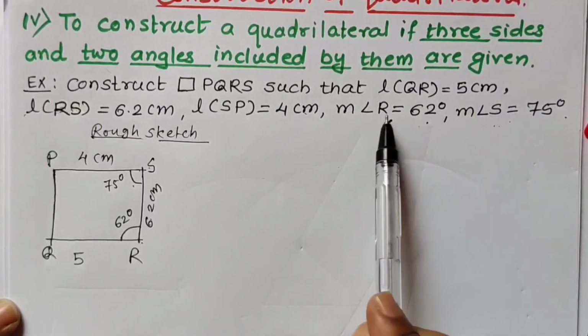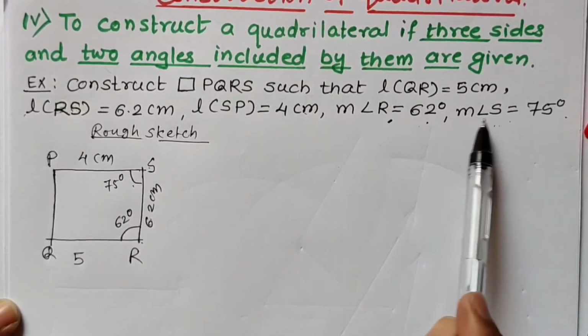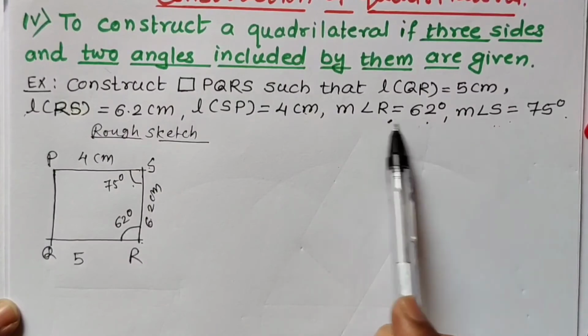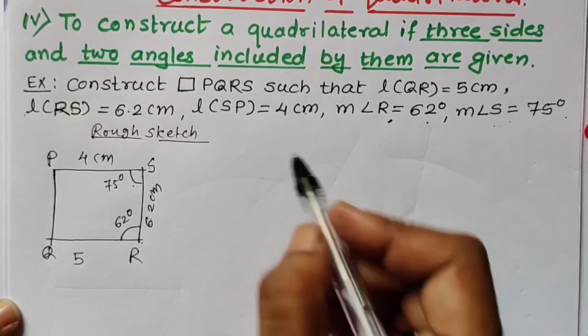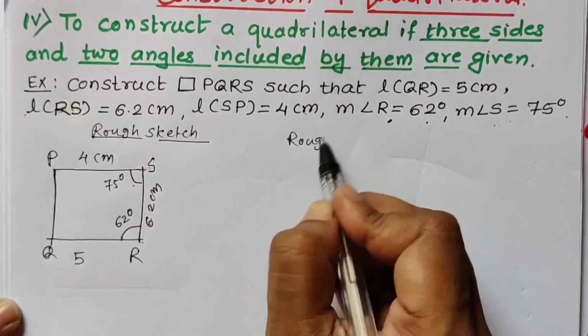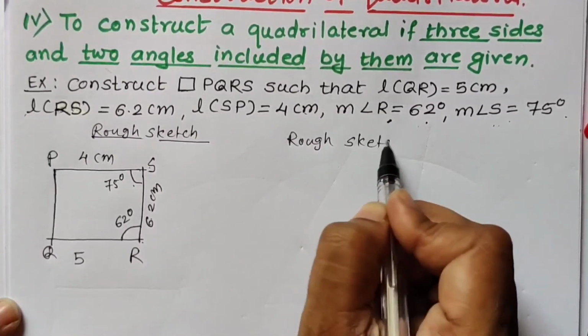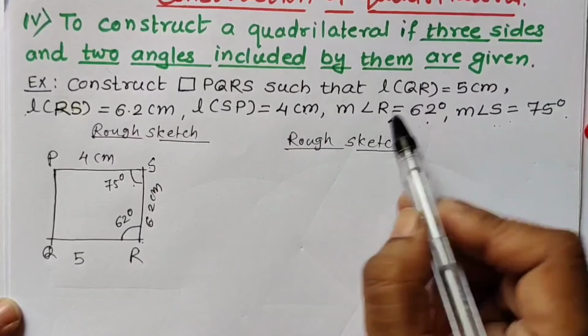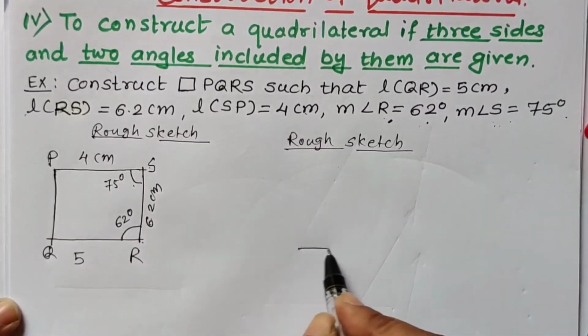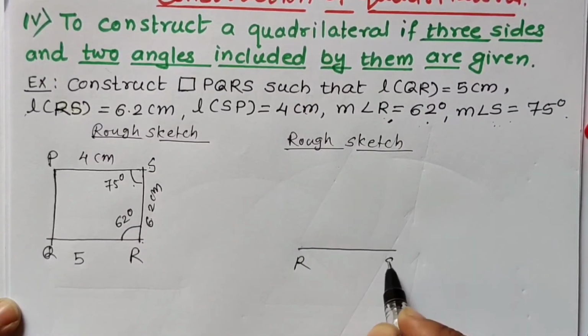The segment joining these two angles should be the base side. Always keep this in mind. So while drawing the rough sketch, you have to see that the joining segment of these two angles, that is RS, should be the base.